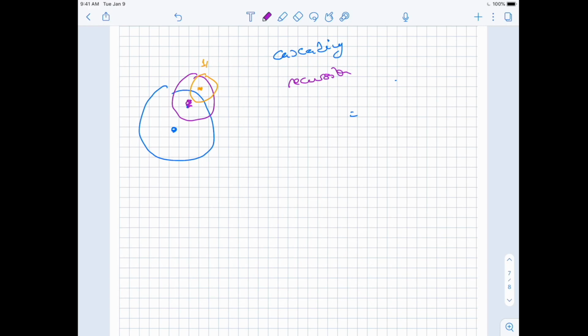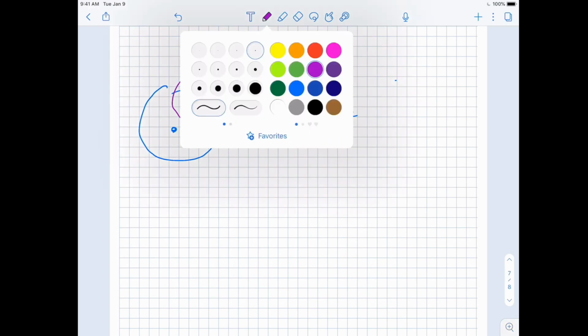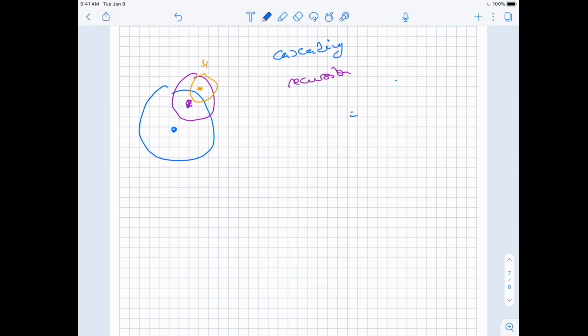The other insight is that the problem says that only if the center is in the range of the circle. So for example, in this case, you can see the purple circle is in the range of the blue one, but the blue one is not in the range of the purple one.